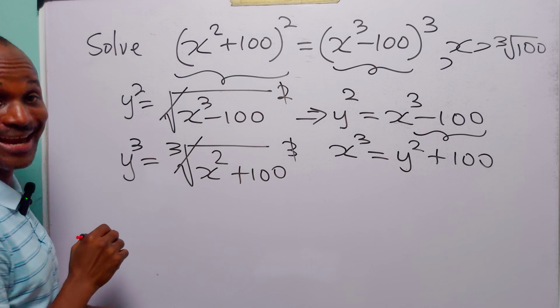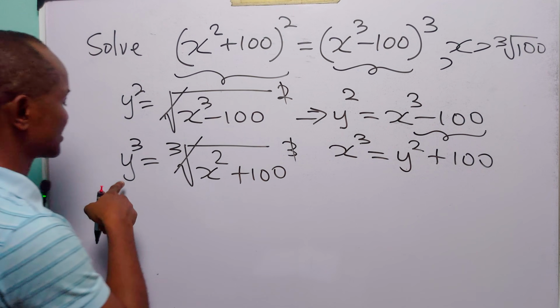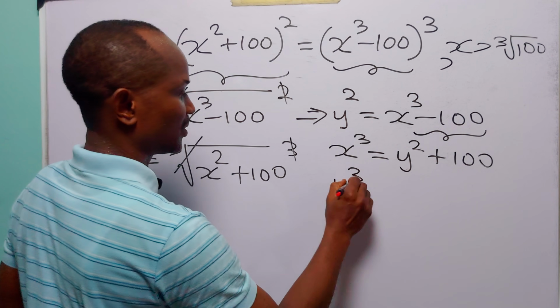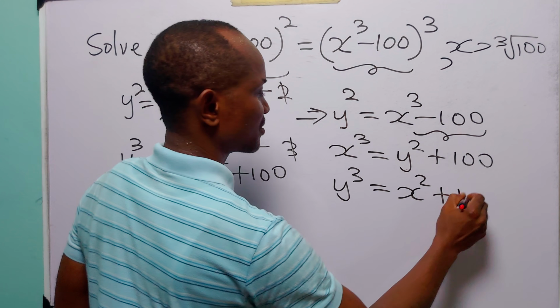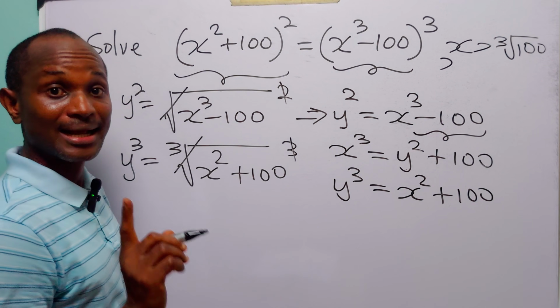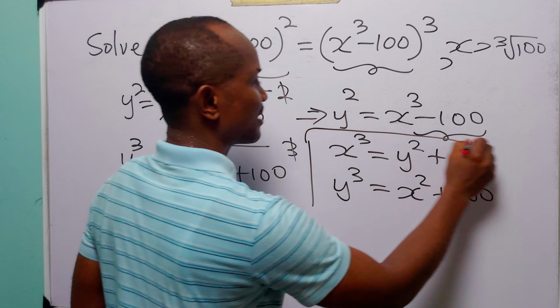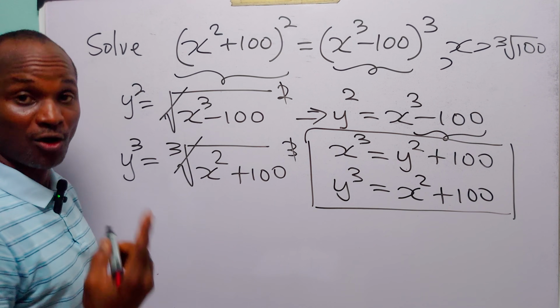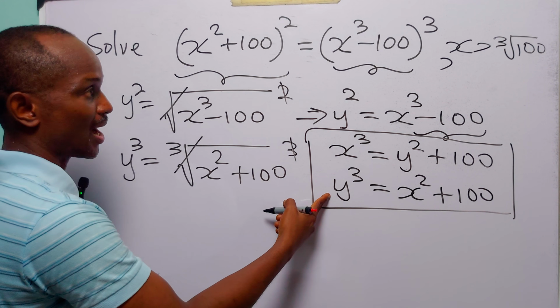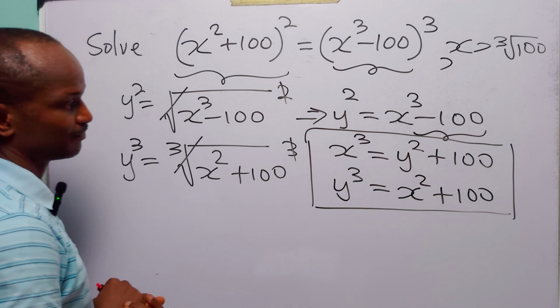This is going to take care of that. From here, we have that y cubed is equal to x squared plus 100. Now you can see that we have a system of two symmetric equations. Of course, you know that both x and y are positive.